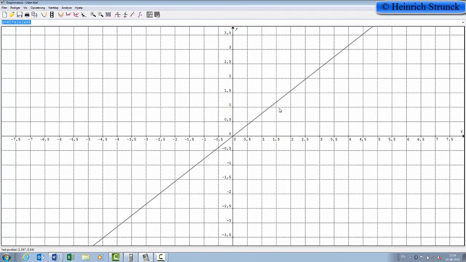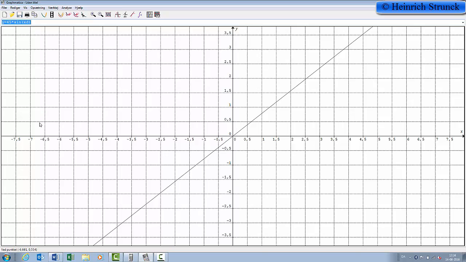So now we should see a sine curve, and the reason why it looks different is that our y-axis only goes to 3.5, positive and negative, and the x-axis only goes from minus 7.5 to positive 7.5.